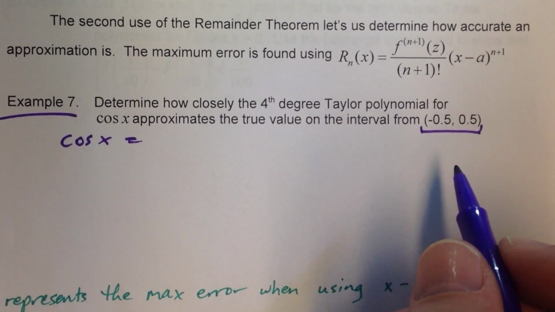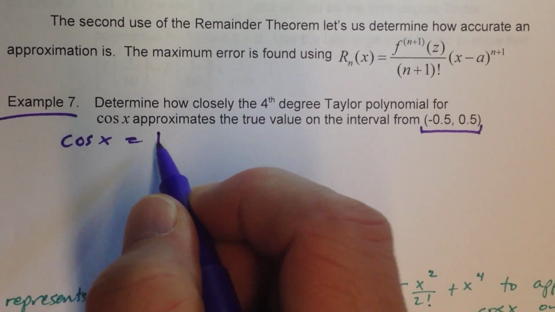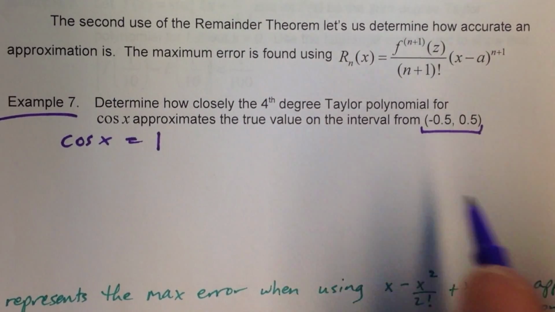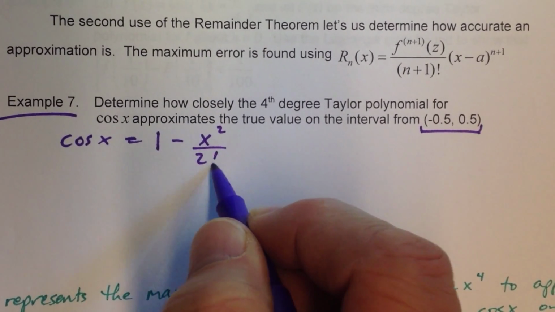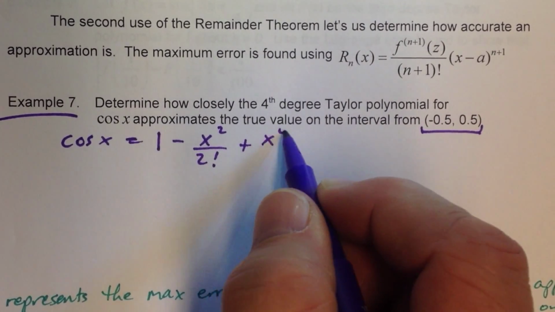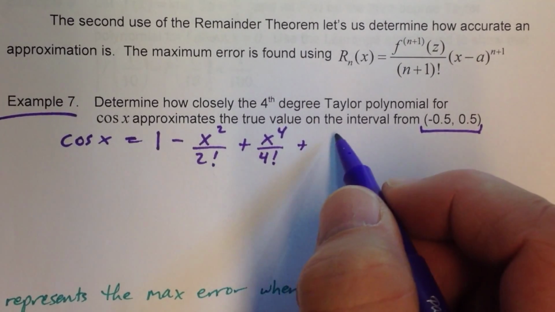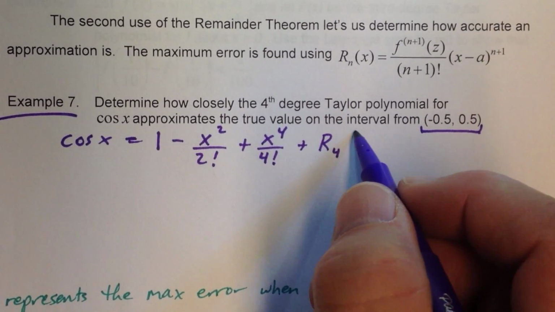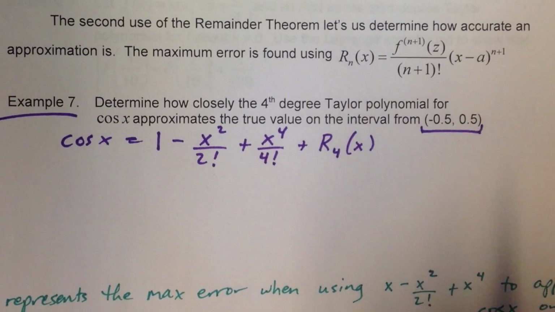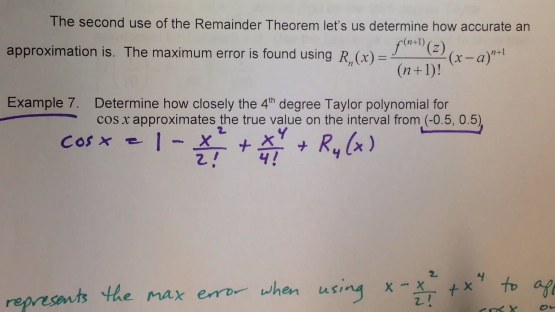So we do have a Maclaurin polynomial, and so we know that the cosine of 0 is 1, and so our first term is going to be a 1, minus x squared over 2 factorial plus x to the fourth over 4 factorial. And we also know we need to add a remainder, fourth degree remainder of x, and that's what we're going to focus on right now. How big is that remainder possibly going to get?